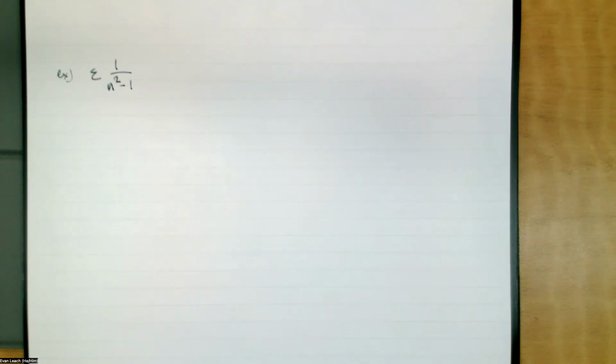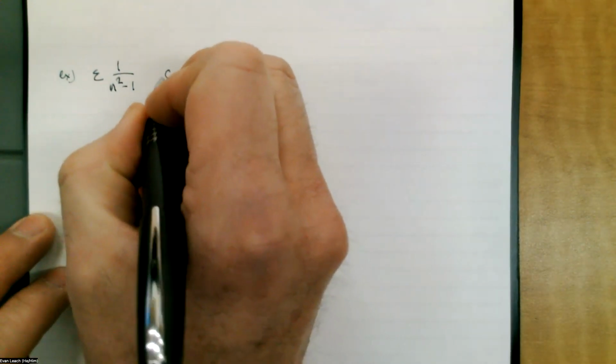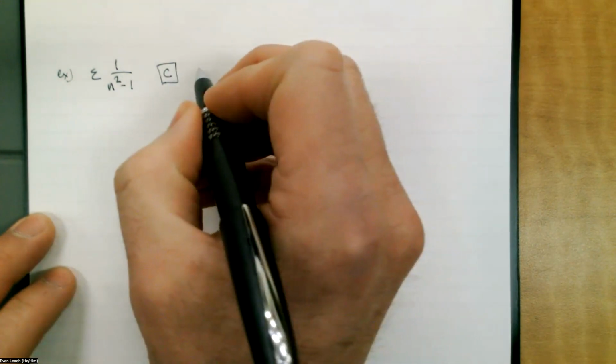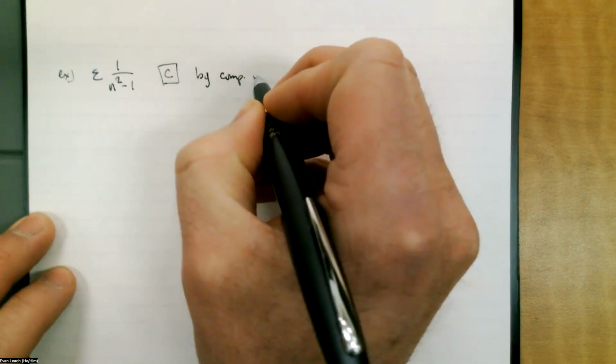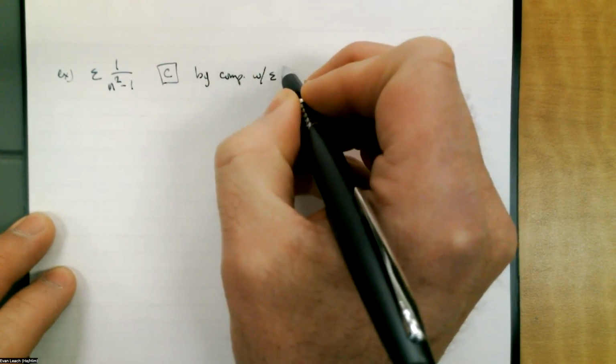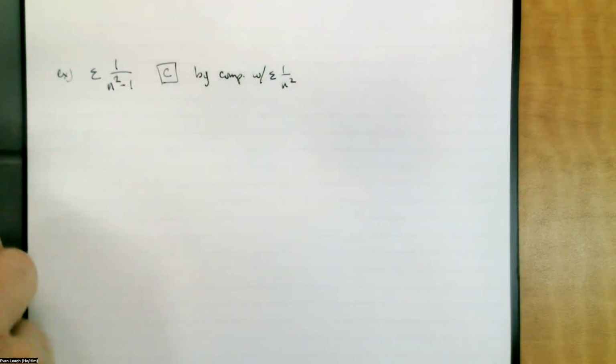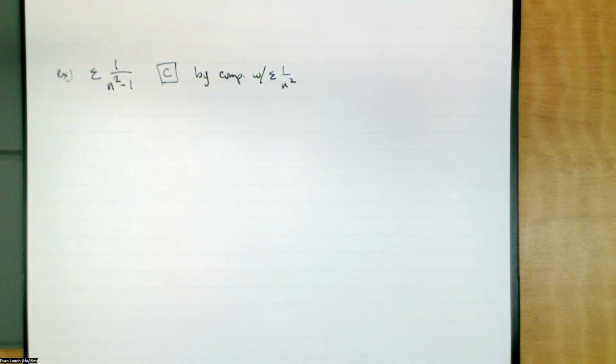And we would be 100% correct. This converges by comparison with the known convergent series 1 over n squared. But we don't get to make a direct comparison. The direct comparison does not work.